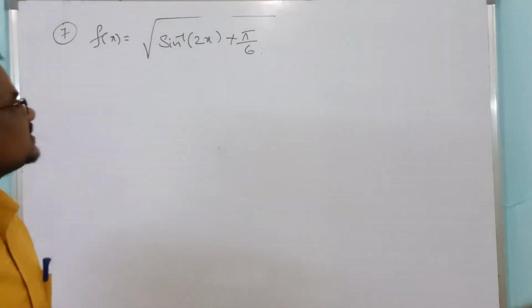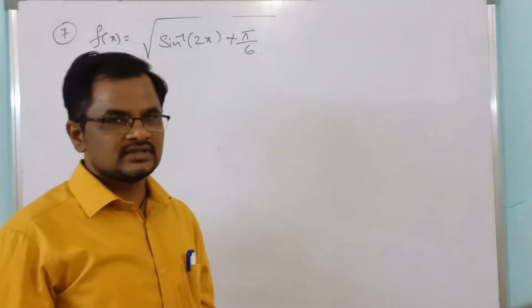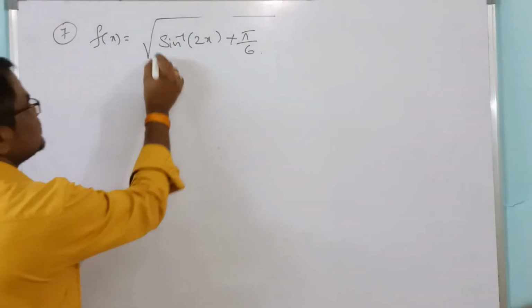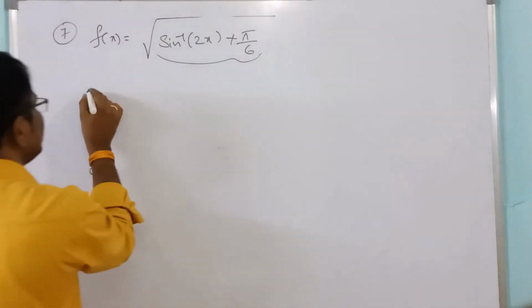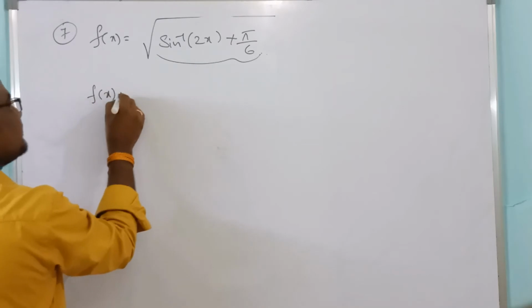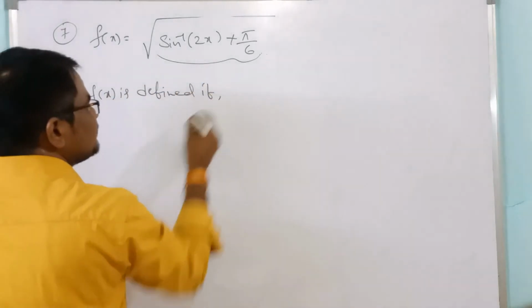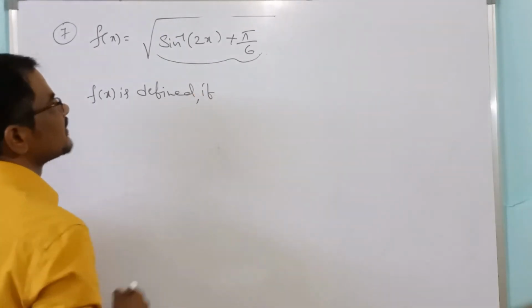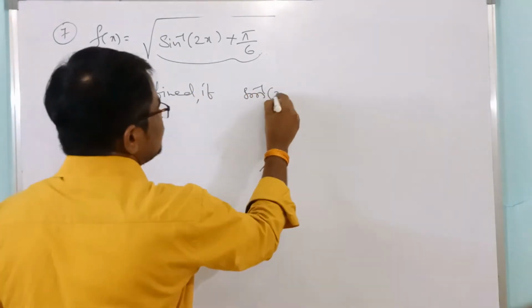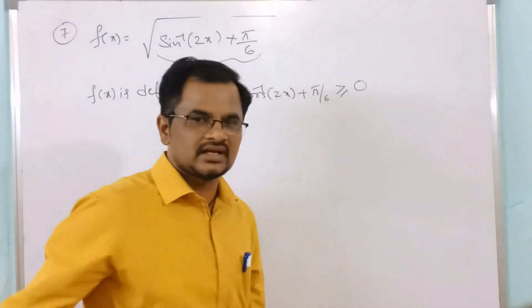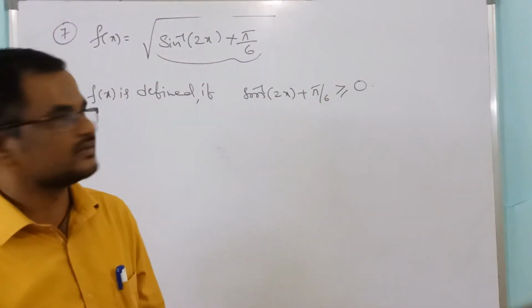See the seventh problem. This is a previous IIT problem. So this function f of x is defined if sin inverse of 2x plus pi by 6 is greater than or equal to 0, right? The under root value must be greater than or equal to 0.